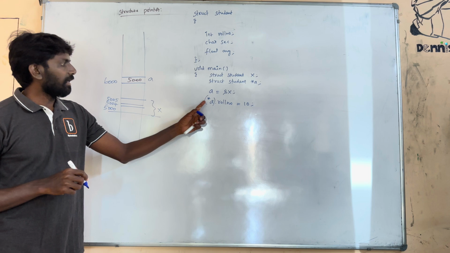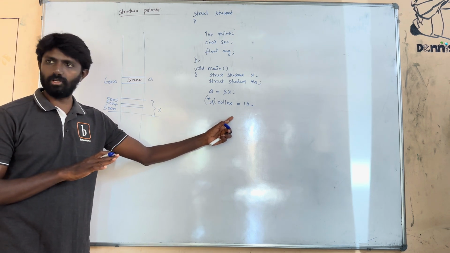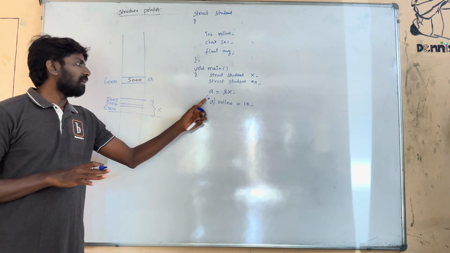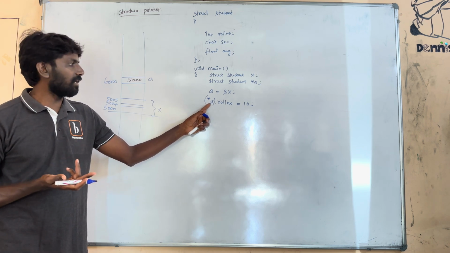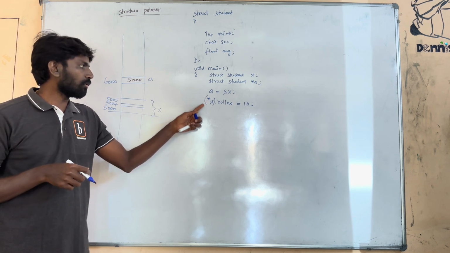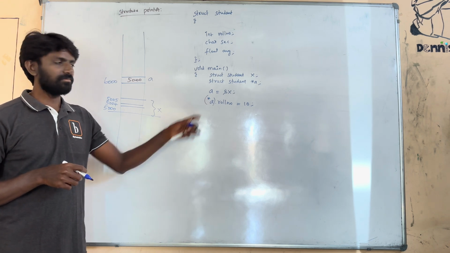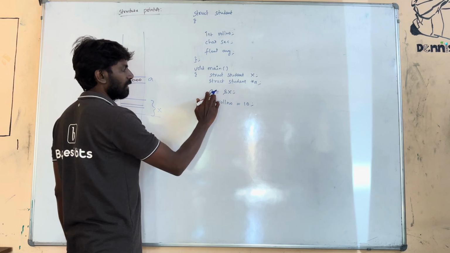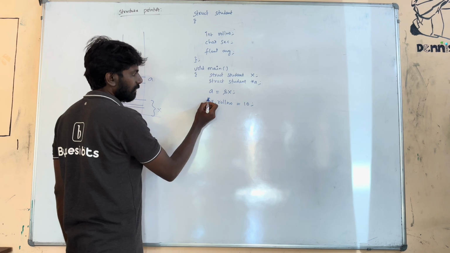Remember, A is not a normal variable. If it were a normal variable, you could just use A dot roll number, A dot average, A dot section. But A is a pointer variable, so to access it or store something into it, you have to use the brackets and the star.